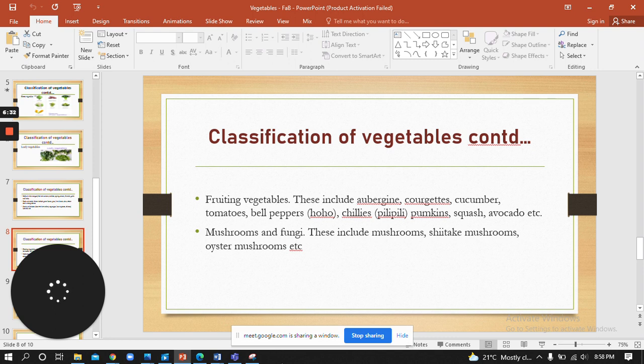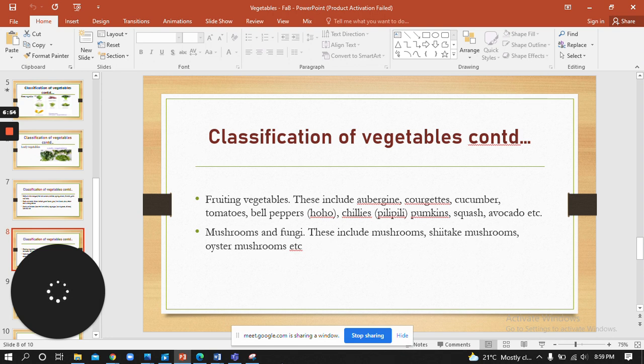We also have chilies, which is what we call pili pili around here. And also we have the pumpkins. These also fall under the category of fruiting vegetables. Another variety of the pumpkin is the squash. It also falls under the category of fruiting vegetables, among many others.